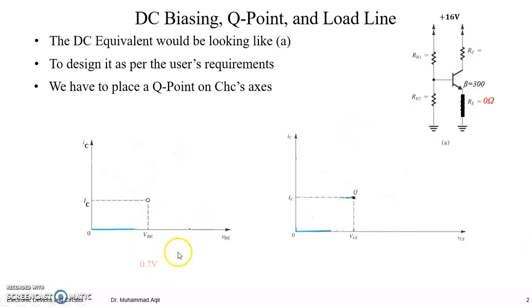We have VBE equal to 0.7 from the user, right? Whenever we find this Q point for this 0.7, we will get this IC, and we will see how we decide the value of this. But once it is decided, we would have the load lines.